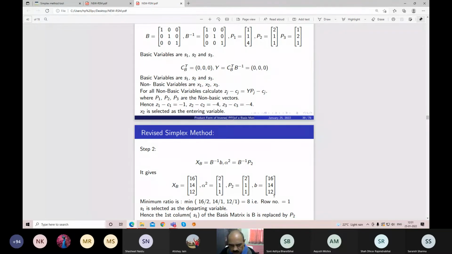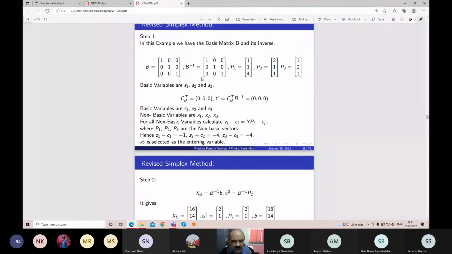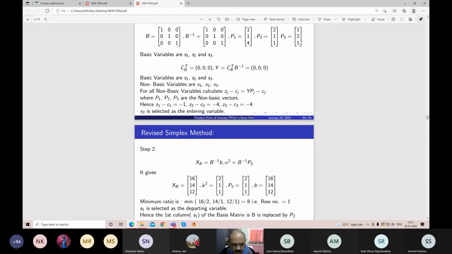So xb equals B inverse into B. How much will it be? Already I have told you B inverse is the identity matrix initially. We have not changed it, that remains. So in step 2, what is our xb? Will it be 16, 14, 12? Please check.